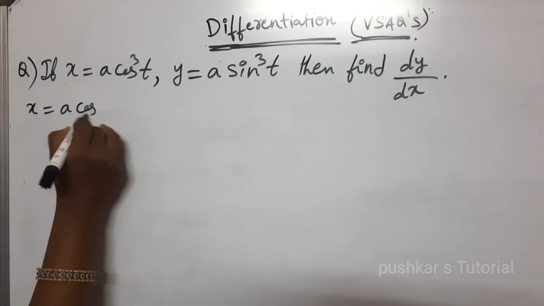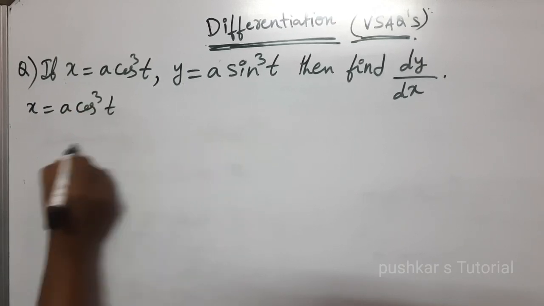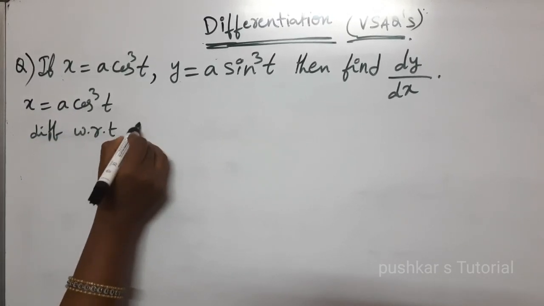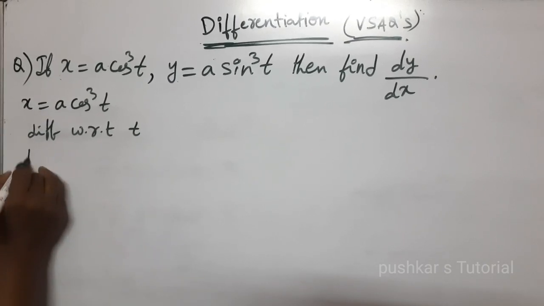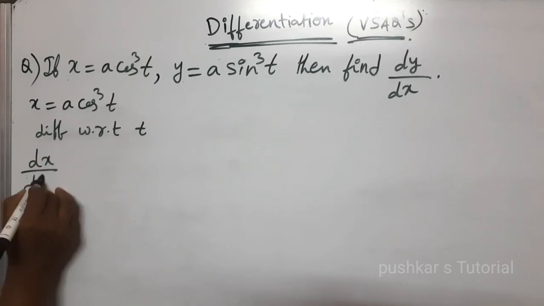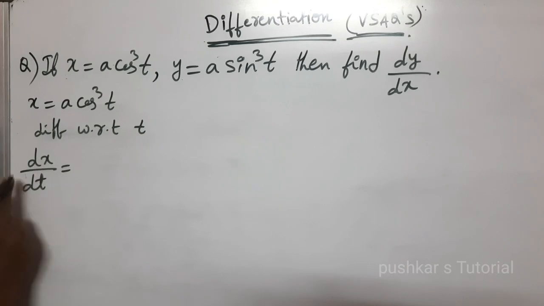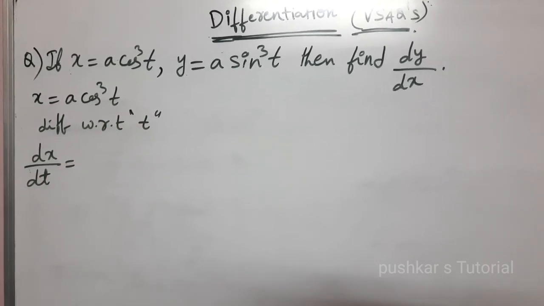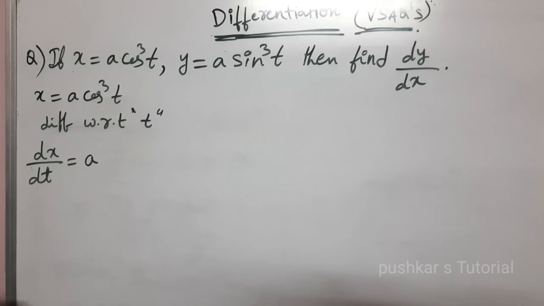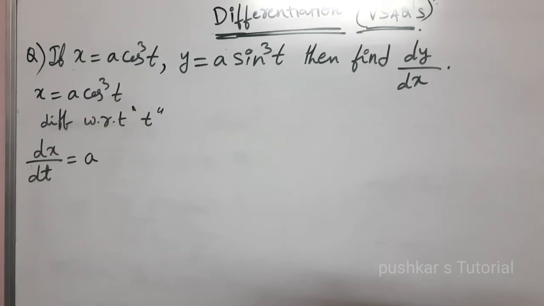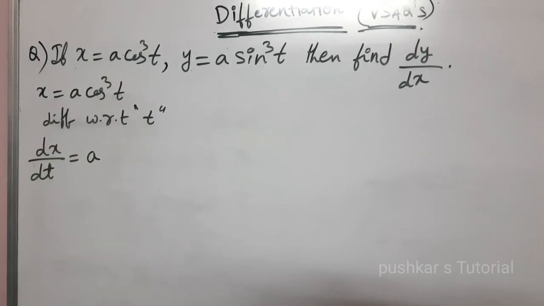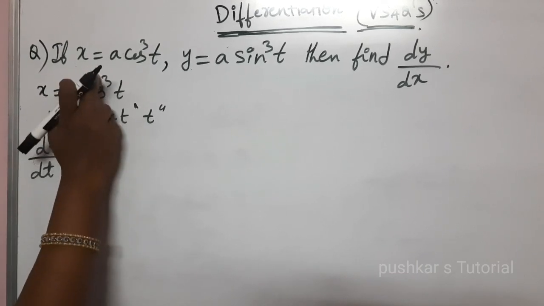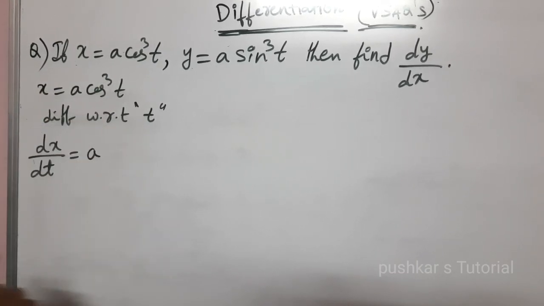x is equal to a cos cube t. In the first part I am differentiating with respect to t, so it will be dx by dt. If it were with respect to x, it would be only x differentiation, but with respect to t it is dx by dt. a as it is. Now cos cube is looking like the x power n formula, so n into x to the power of n minus 1: the power comes in front and reduces by one.